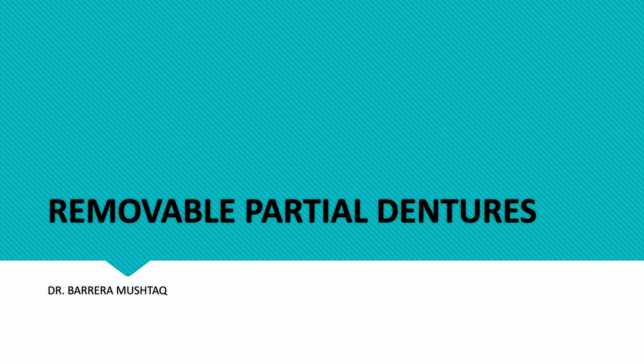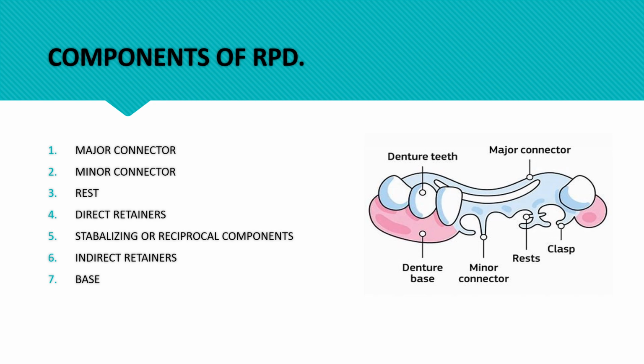So let's get going. Components of RPD. RPD has 7 components, which include a major connector, minor connector, rest, direct retainer, stabilizing or reciprocal component, that is basically a clasp, then we have an indirect retainer and a base.